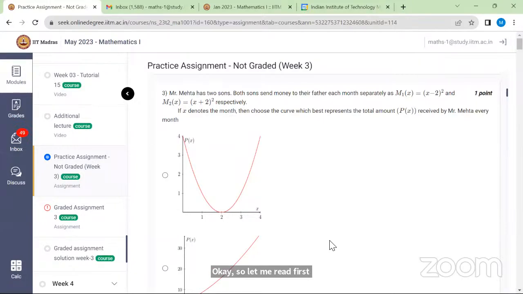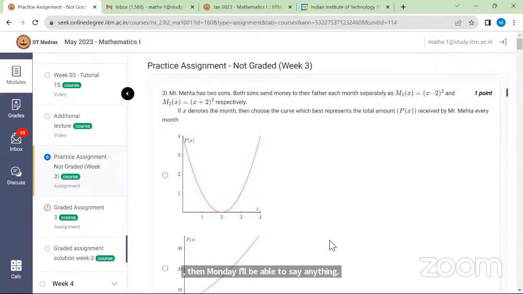X denotes the month. After solving M1 and M2, we add both equations, then how do we plot the equation on the graph?